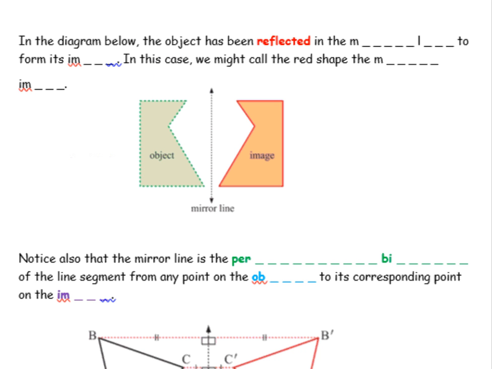So in the diagram below, the object, which is the original thing, has been reflected in the something to form its something. So you probably guessed, it's reflected in the mirror line. So the object is reflected in the mirror line to become its image.